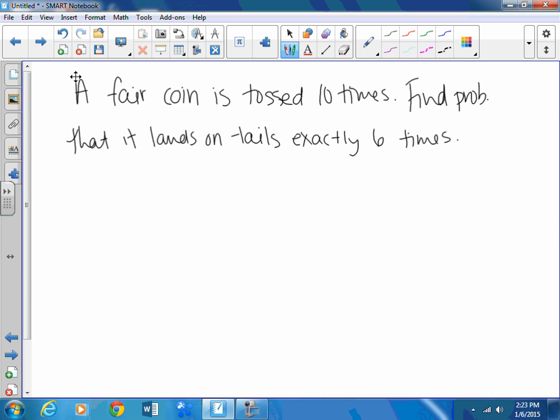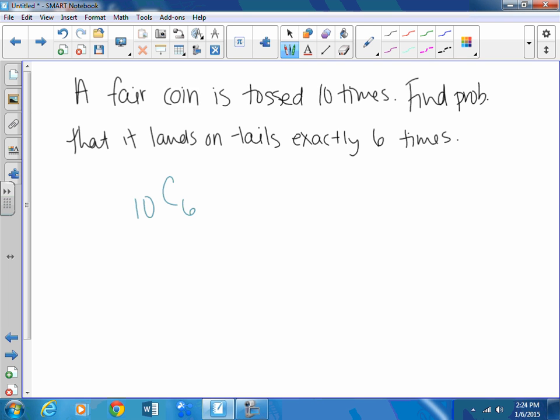Okay? But if I'm flipping it 10 times, I want to know the different combinations that I'm going to get exactly 6 tails. So that is going to be 10 choose 6. 10 flips, right? It's tossed 10 times. I want all of the different combinations that I'm going to get a tail for 6 of those.